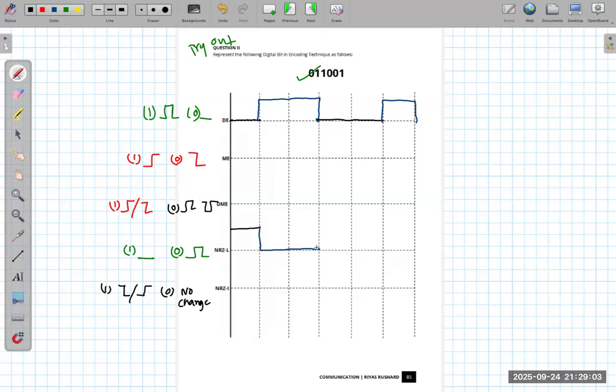And if it's 1, it goes up again, and it goes down. Check. Okay, nothing else. If it's 1, height low to high. 0, 1, 1, 0, 0. Perfect.